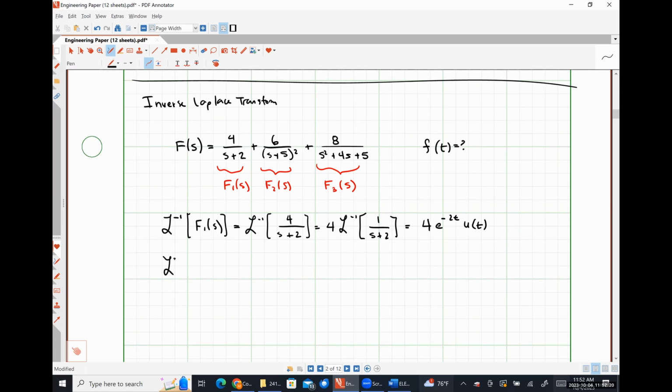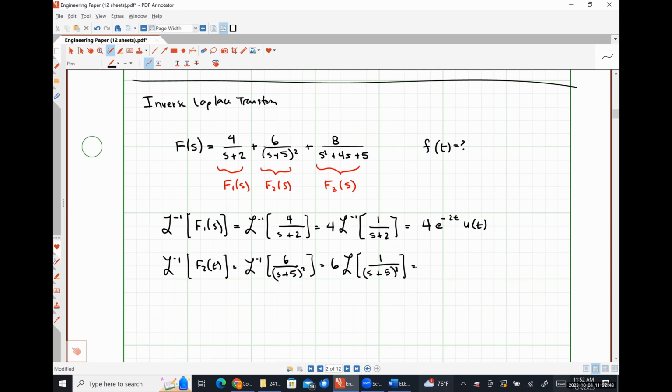What's the inverse Laplace transform of F2 going to look like? So this would be the inverse Laplace transform of 6 over s plus 5 quantity squared, or 6 times the inverse Laplace transform of 1 over s plus 5 quantity squared.